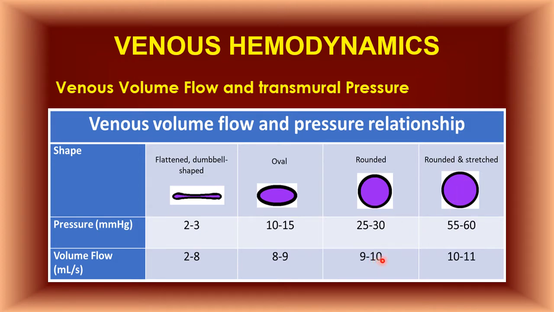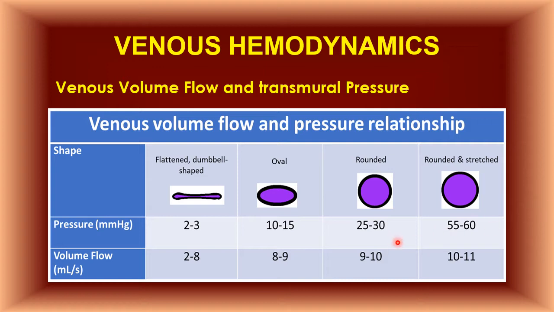Because the venous flow goes from 9 to 10, a 1 mL per second increase, and this has a tremendous effect on the pressure. Why? Because the shape has already changed to the maximum it can to allow volume flow. But suddenly, with a little increase in the venous volume flow, there is a sudden, almost doubling of the pressure.